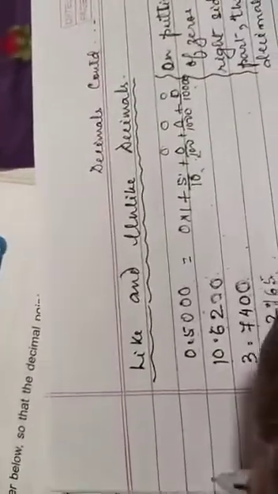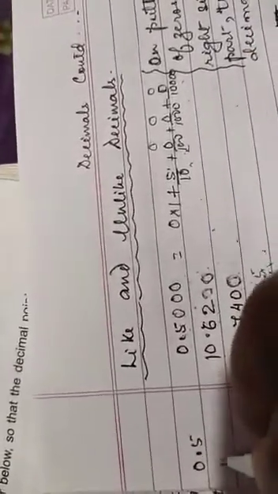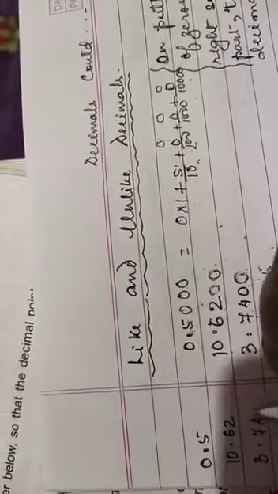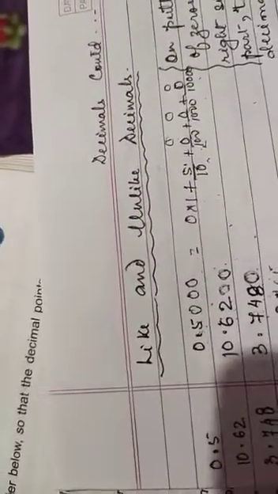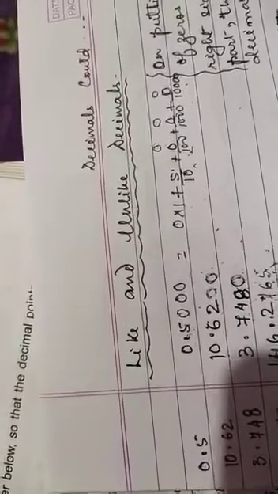Now I have this number as 0.5, 10.62, 3.740 or 748, then 146.27656.